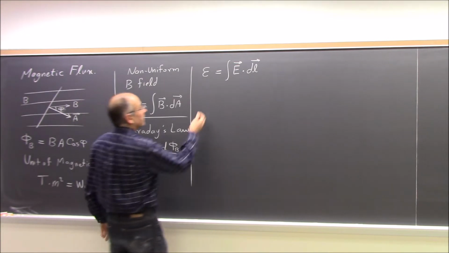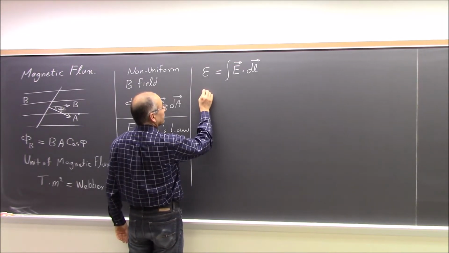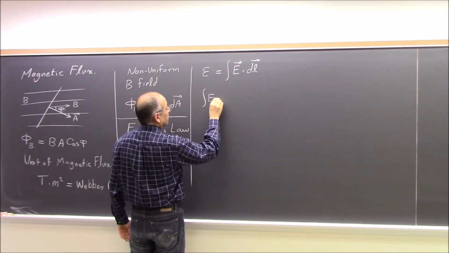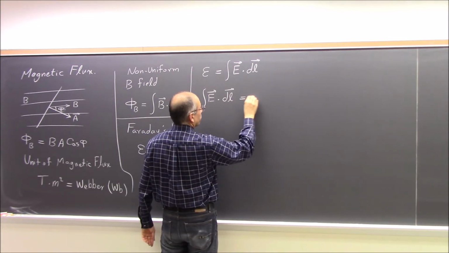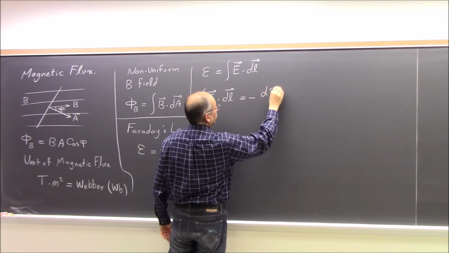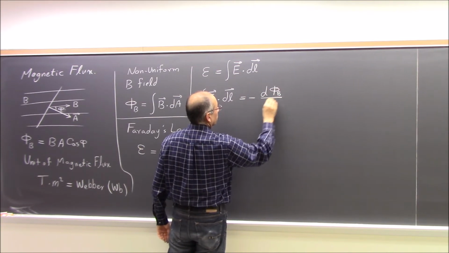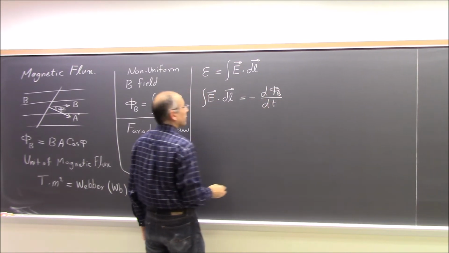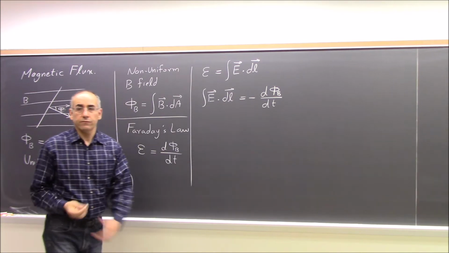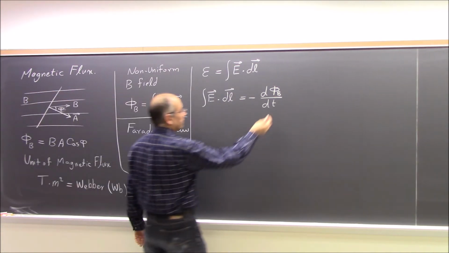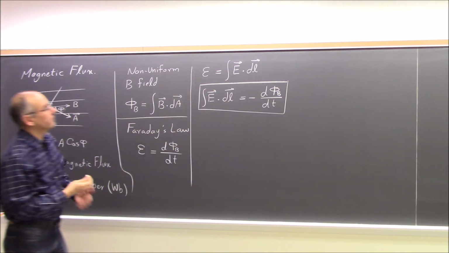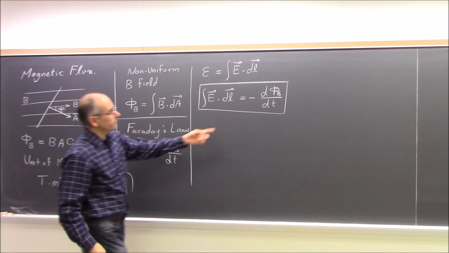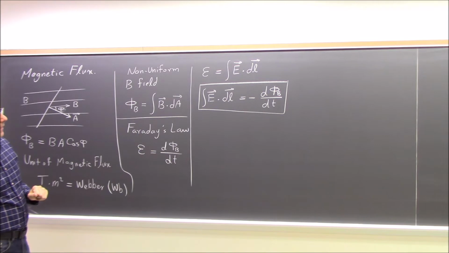Usually they write Faraday's law as the integral of E dot dL equal to negative d phi B over dt. Usually you see this one for Faraday's law instead of the separated form. And this negative sign is because of Lenz's law. All right.